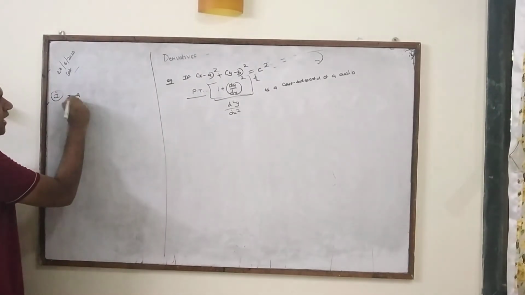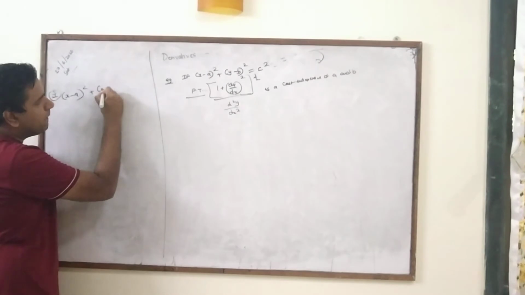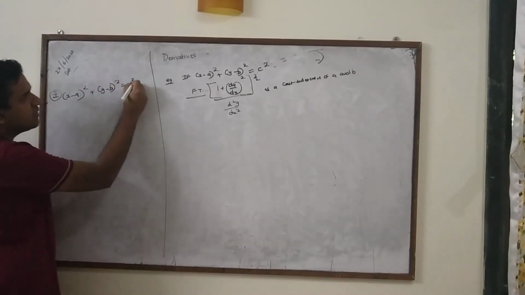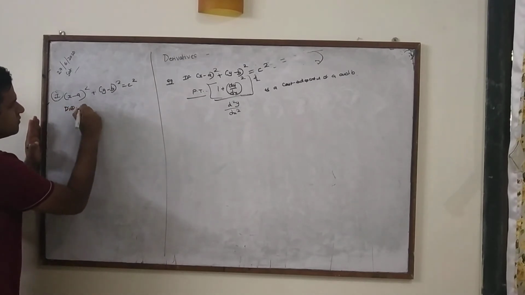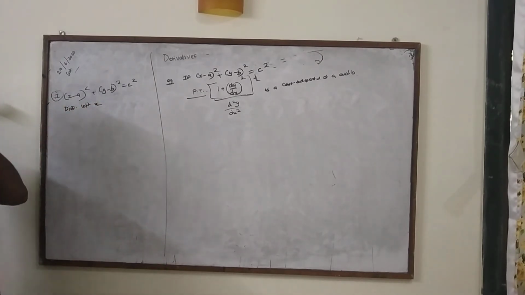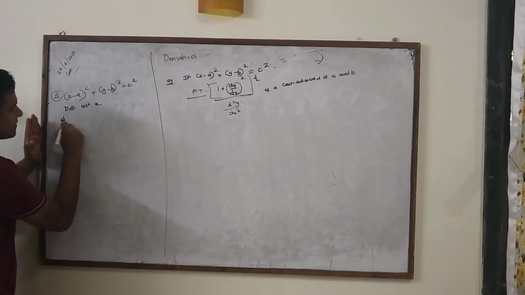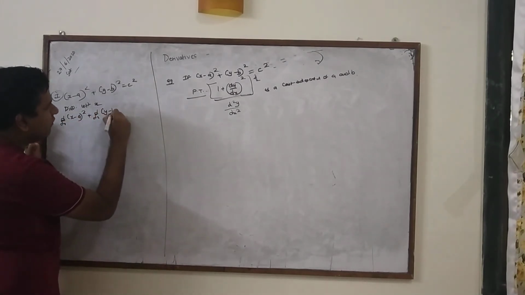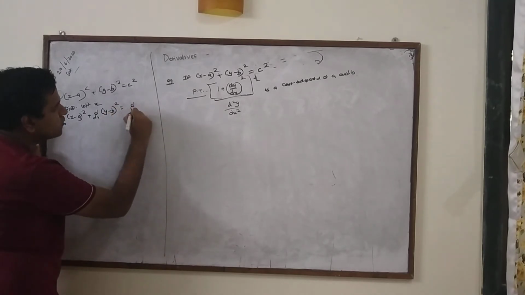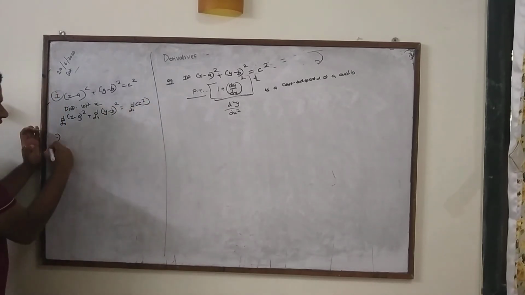I have (x minus a) square plus (y minus b) square is equal to c square. I can differentiate both sides. What happens? d by dx of (x minus a) square plus d by dx of (y minus b) square is equal to d by dx of c square.